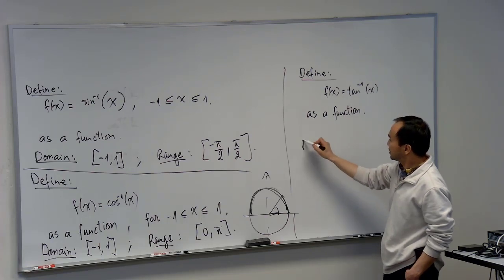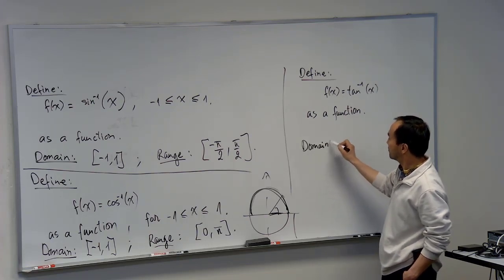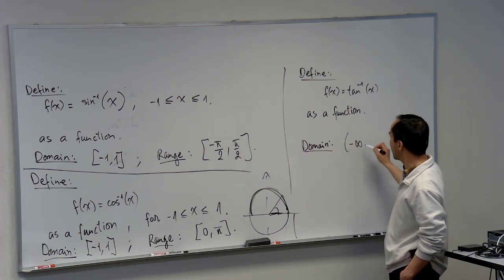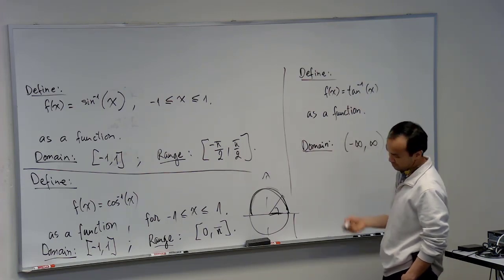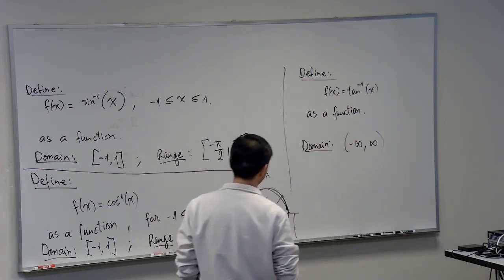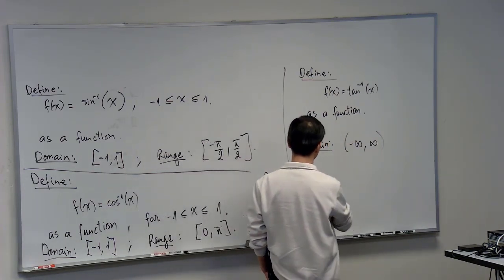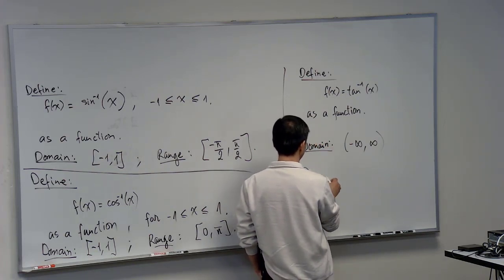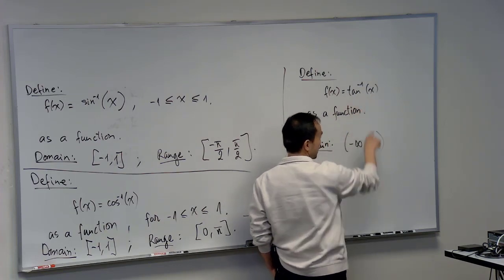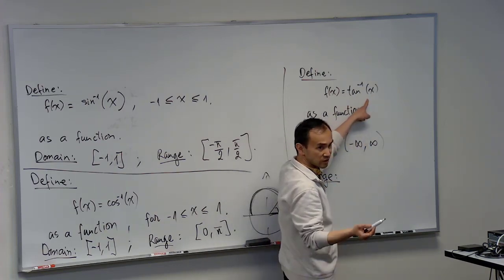Then the domain for tangent inverse is going to be anywhere from negative infinity to infinity, the whole line of real values. But I have also mentioned before that when we take tangent inverse of a tangent value, we should come out with a restriction again.